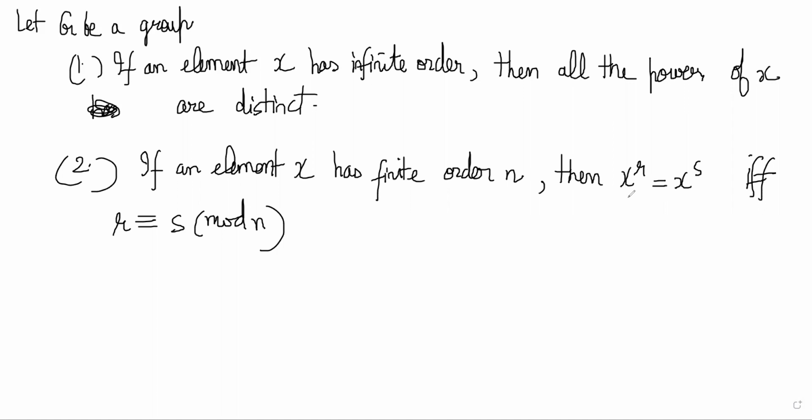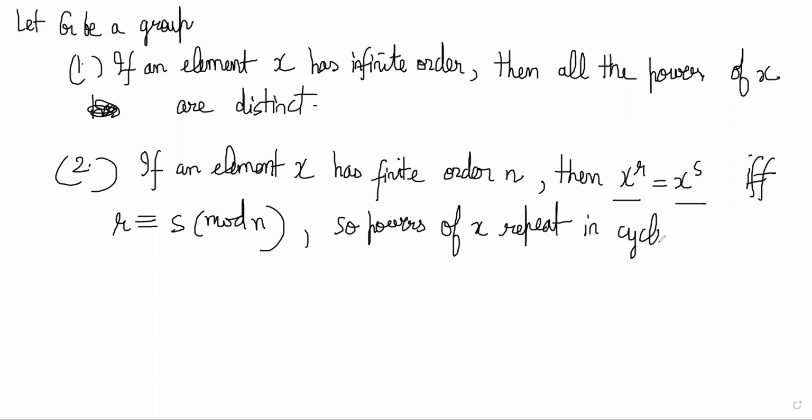They are in the same residue class. So then the x power r and x power s will also be the same. So you can say powers of x repeat in cycles of length n. So if any two numbers are in the same residue class, you will have the same power resulting.